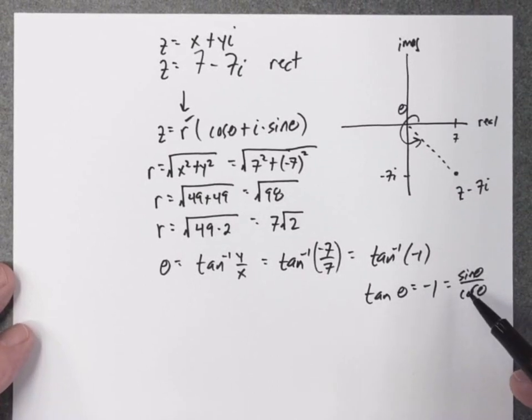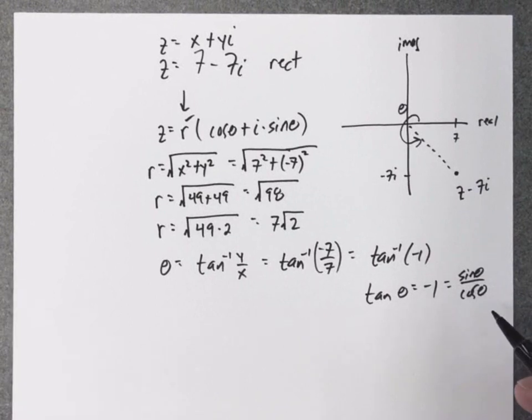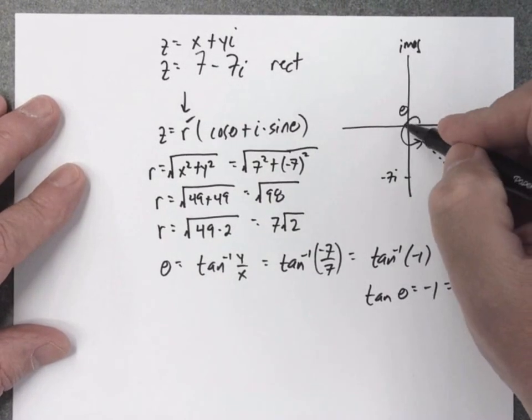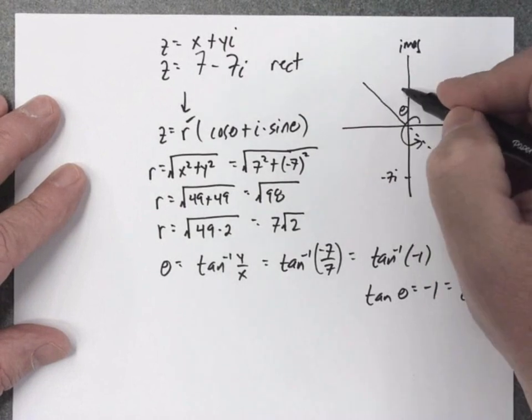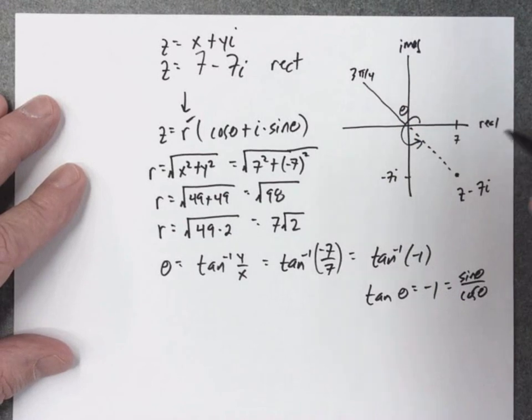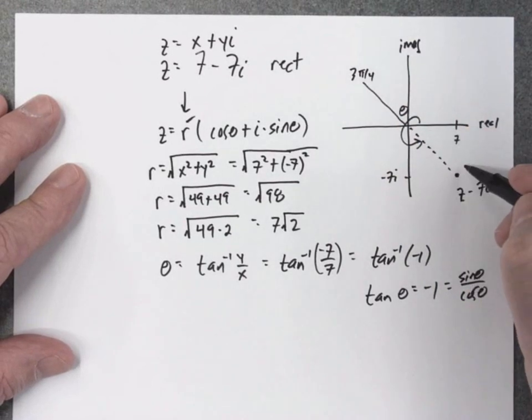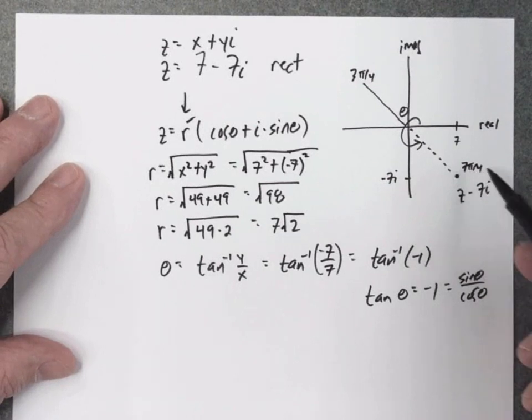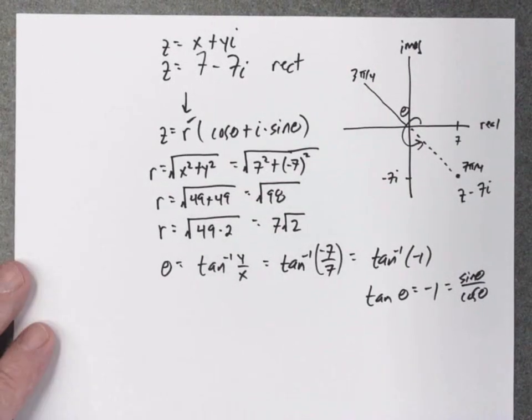So we know that opposite signs would be 3 pi over 4 or 7 pi over 4. Obviously, the angle is going to be 7 pi over 4.